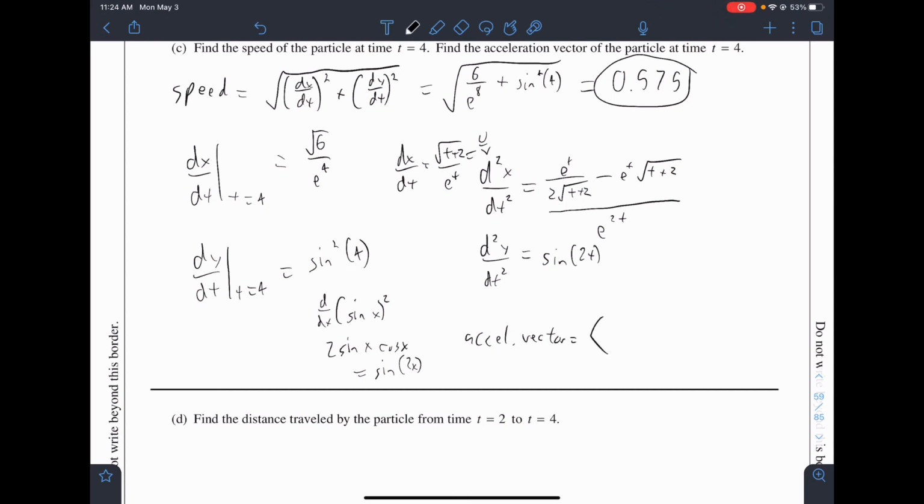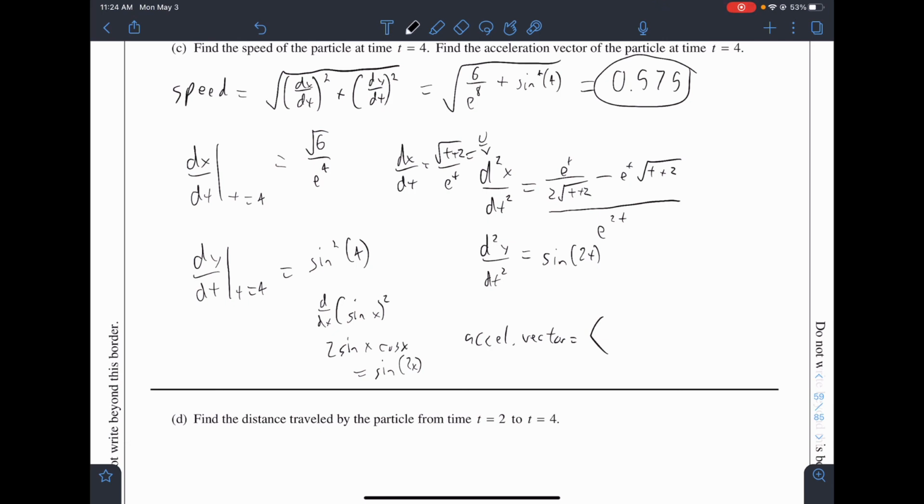So let's plug in this first one: e to the 4th over 2 root 6 minus e to the 4th times root 6, over e to the 8th.